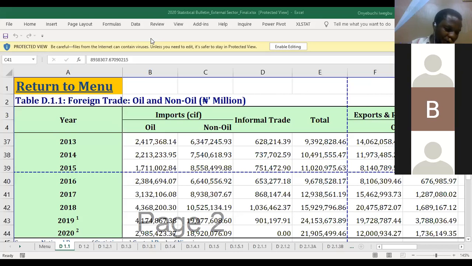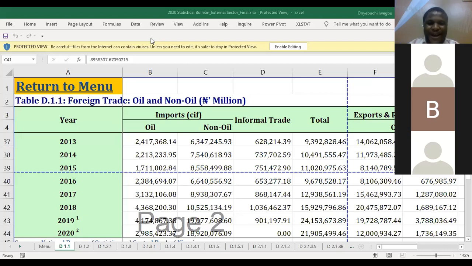Number one, I appreciate Akin for that beautiful submission. See, as an economist, it's not sufficient for you to tell me that import declined between 2019 and 2020. It's not sufficient as an economist.